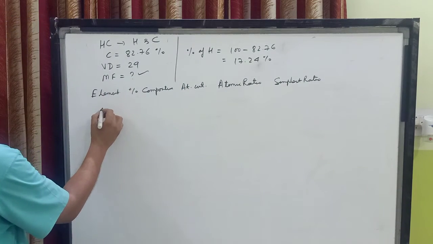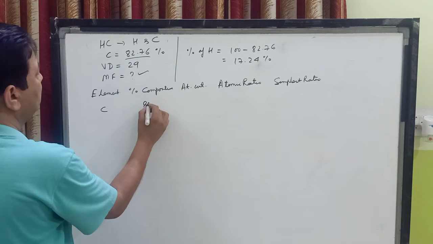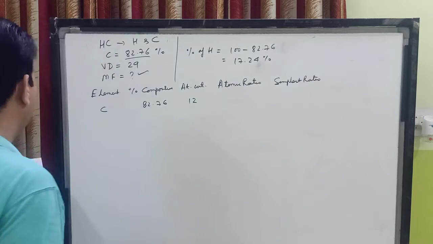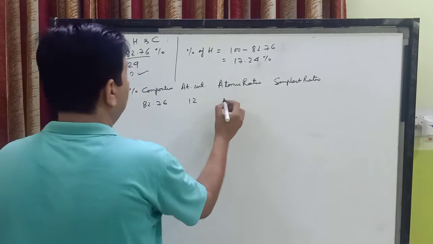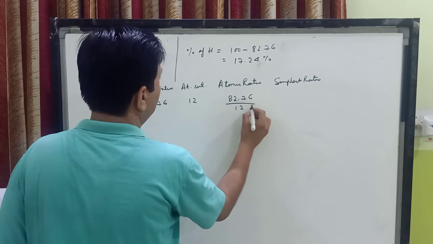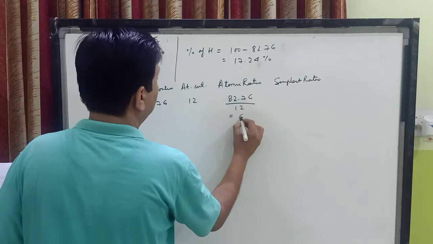Carbon, its percentage is given as 82.76. The atomic weight of carbon is given over here, and the atomic ratio will be 82.76 divided by 12, which comes out to be 6.89.